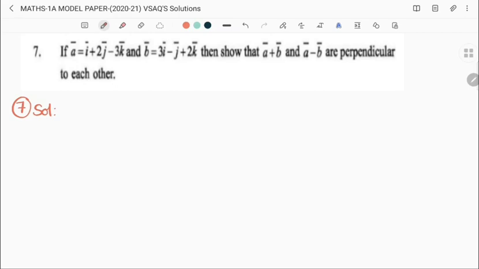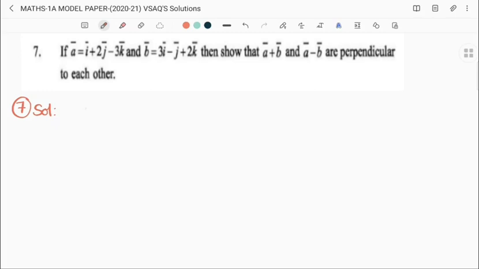The next question: if a bar equal to i plus 2j minus 3k and b bar equal to 3i minus j plus 2k, then show that a bar plus b bar and a bar minus b bar are perpendicular to each other. To show the given vectors are perpendicular, simply we can prove the dot product of two vectors should be equal to 0. If the dot product of two vectors is 0, then the two vectors are perpendicular.